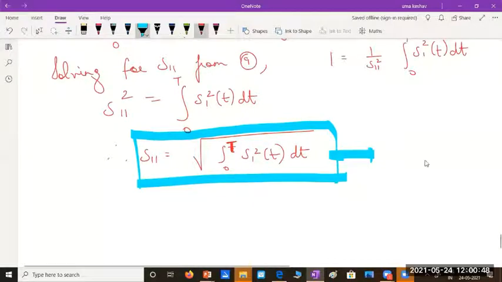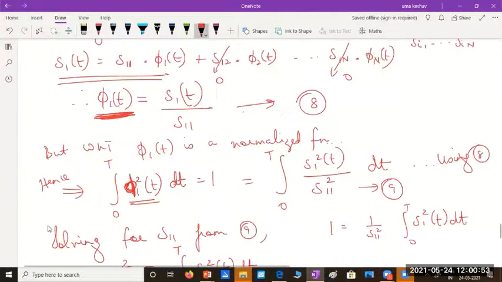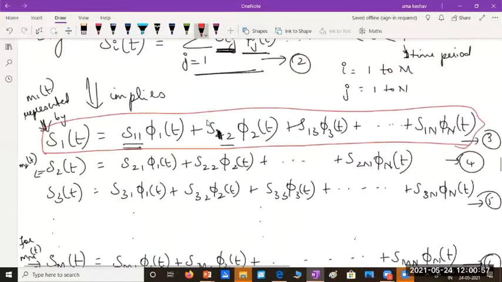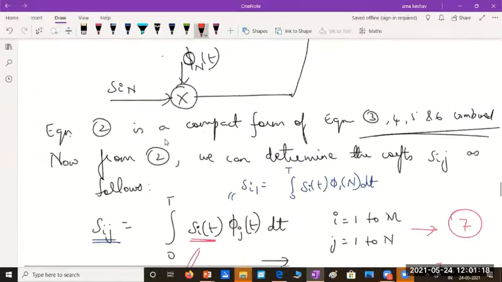Let me call this equation 10. So using the first equation in these set of equations, equation 3, I was able to define the first orthonormal basis function phi 1 of t and also the first coefficient S11. So from the first equation, we were able to determine both the values of S11 and phi 1.